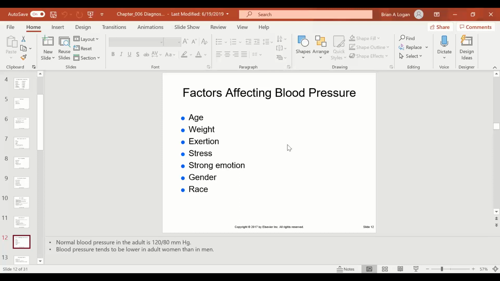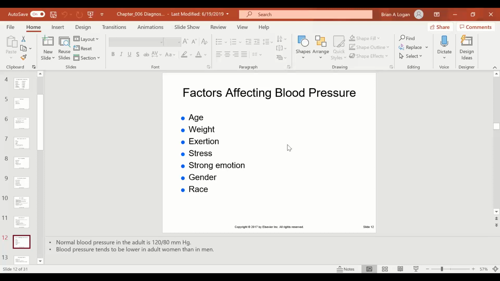Your gender can affect blood pressure. Which gender do you think blood pressure is lower in? Females. Women tend to have a lower blood pressure than men. That's because we're hot-headed. Right? We always get strong emotion real fast.